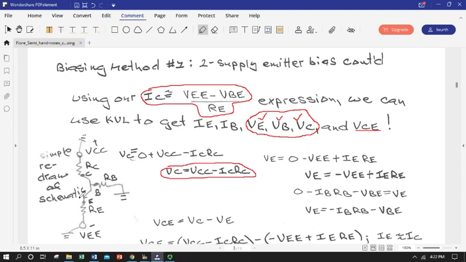And we can do the same thing with the emitter. Ground minus the emitter, because remember it's in backwards, plus, because we're going swimming upstream against current, plus emitter current times emitter resistance to get to point E here.